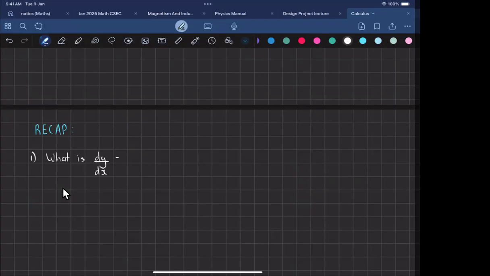Which is basically the gradient. Right? Dy dx means gradient. And not just any gradient, it means gradient of the tangent. Right.